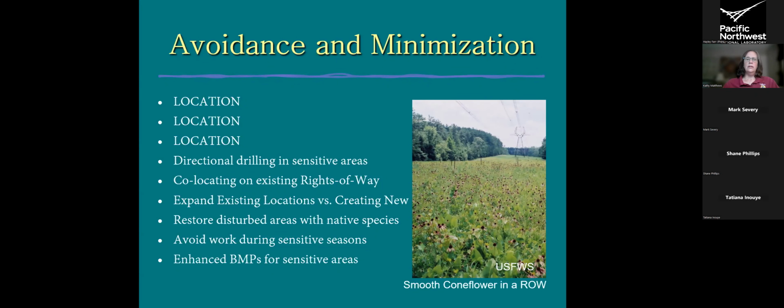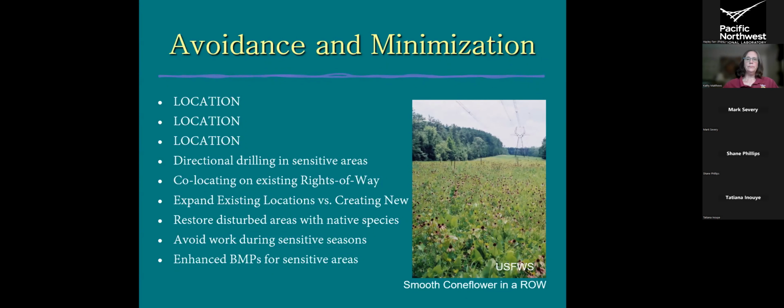So here are some examples of different types of ways to avoid and minimize impacts, such as using existing right-of-ways for the cable routes, using disturbed areas for construction of new facilities, and restoring areas with native species if there are temporary impacts.